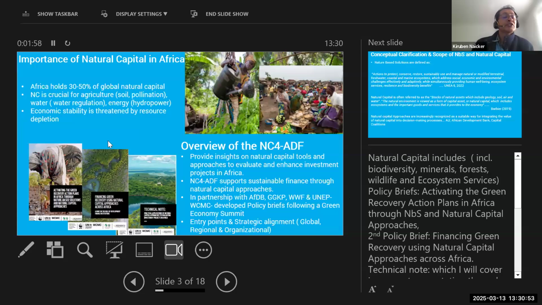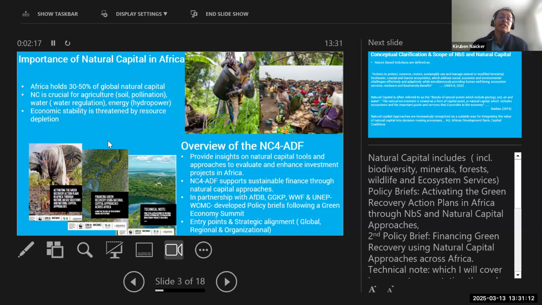And the natural capital is crucial for agriculture, soil, pollination, water regulation, energy, for example, hydropower. However, economic stability is often threatened in Africa by resource depletion.